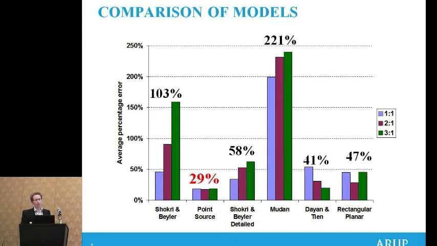These values summarise the average percentage errors for the different models. We see the point source model had an average error of 29%. The next most accurate, the Dayan and Tian model, at 41%. We can see that this model here has an over-prediction in the heat flux.